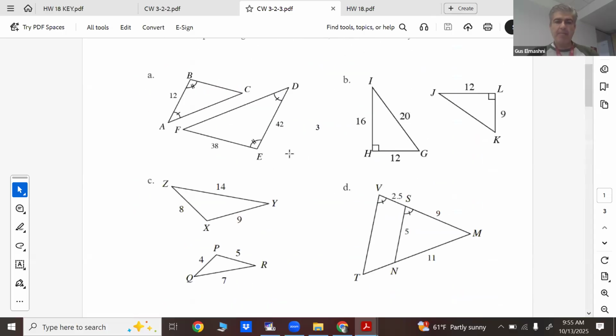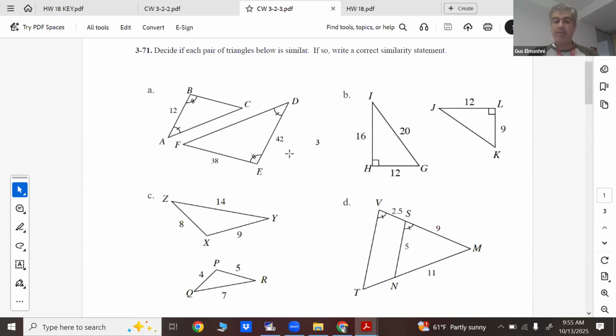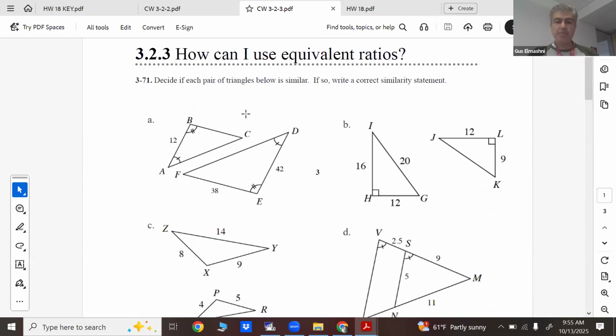So for part A, I see two angles that line up. Let me redraw them so they're reoriented. Yeah, that's correct. Good job, Peter. So you see ABC. I'm slightly tilting it a little more to the right. Then let's take a look at DEF.